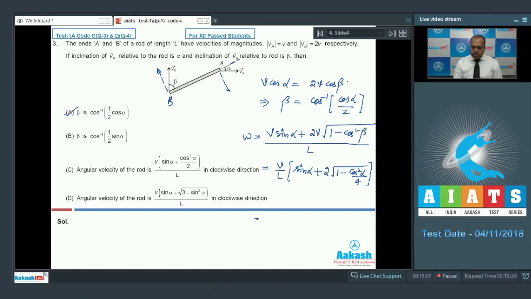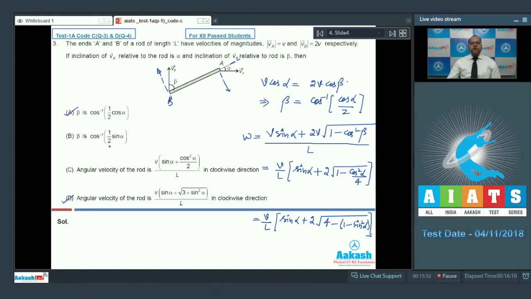On further rearranging, I can write V by L into sin alpha plus 2 times under root 4 minus 1 minus sin square alpha. On solving this, we will get the angular velocity of the rod equal to V into sin alpha. On further solving, we will see that option D is correct.